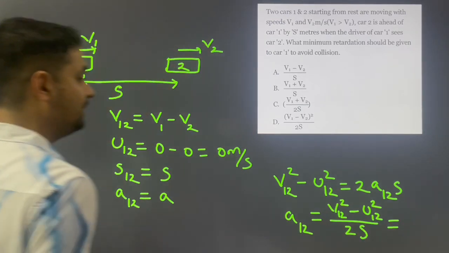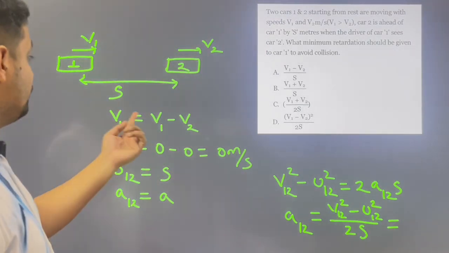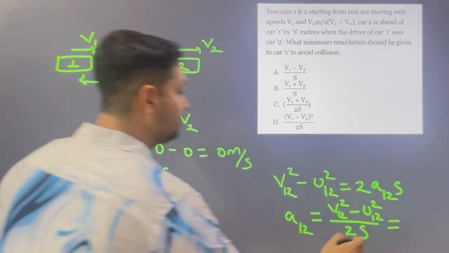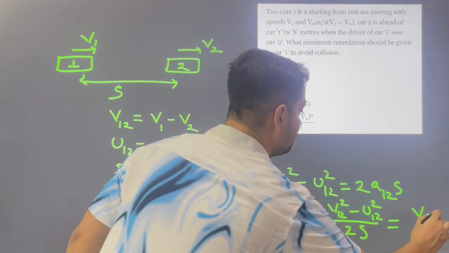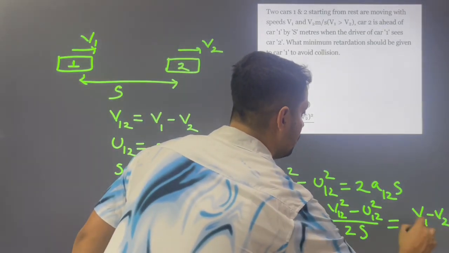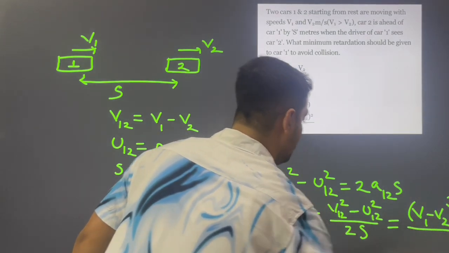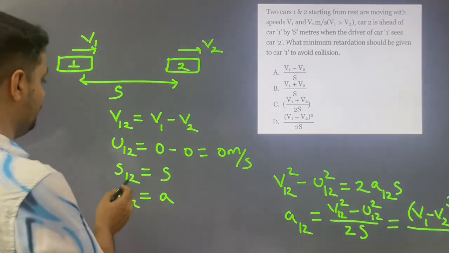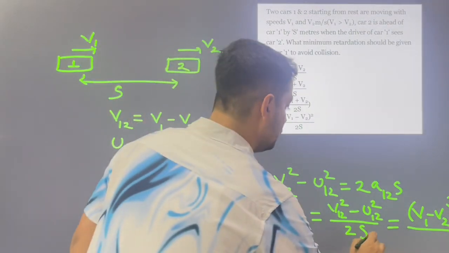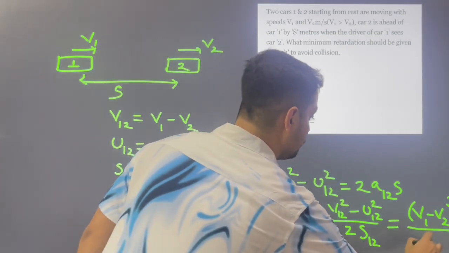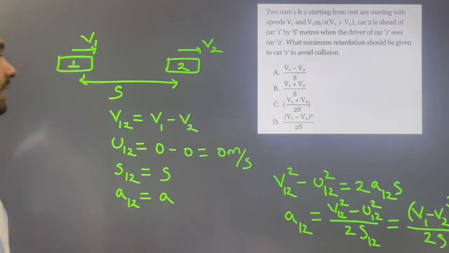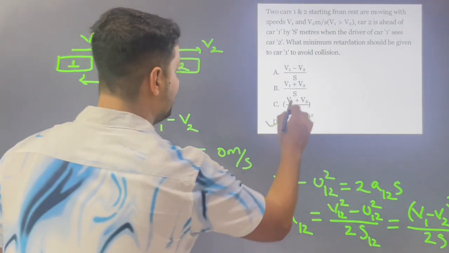Now just put in the values. v12 is v1 minus v2, so it is v1 minus v2 whole square divided by 2s, because s12 is s only. So this is the answer: v1 minus v2 whole square divided by 2s. Option D will be your right answer.